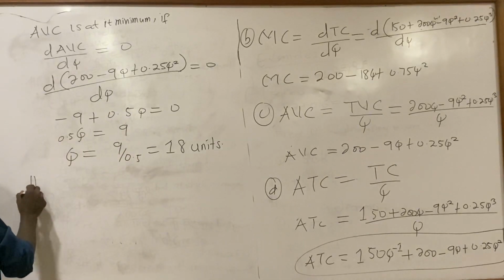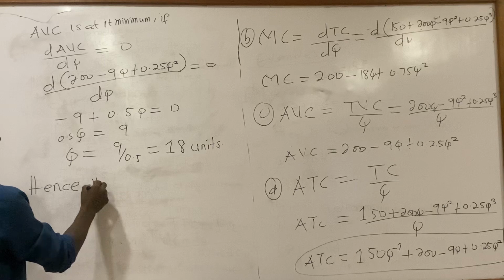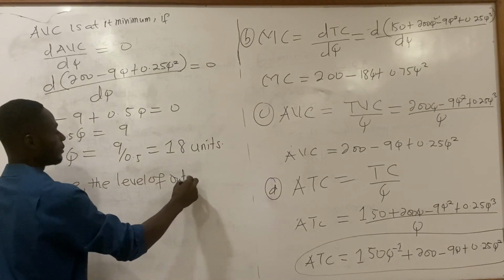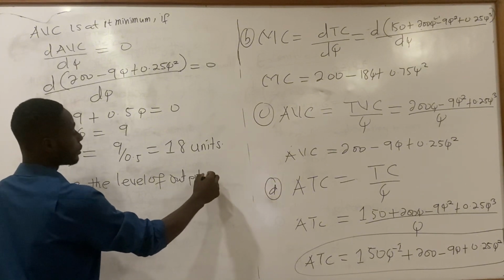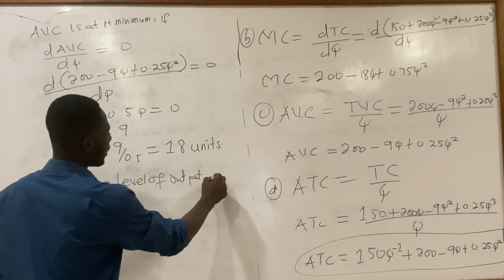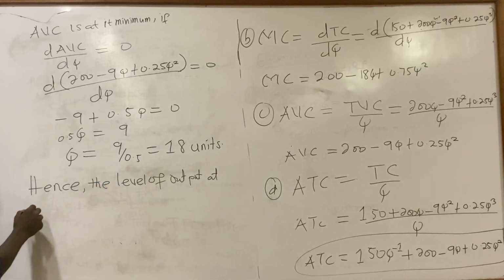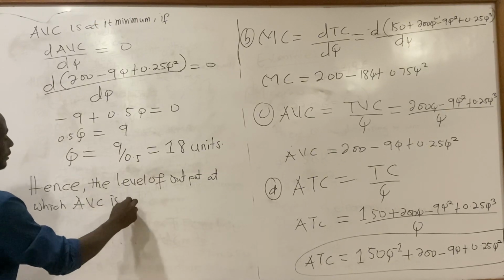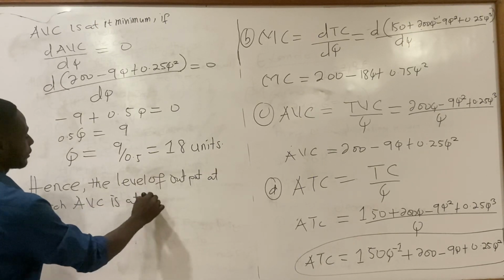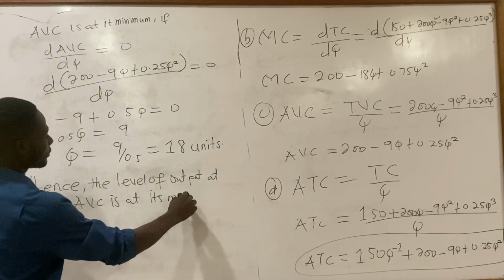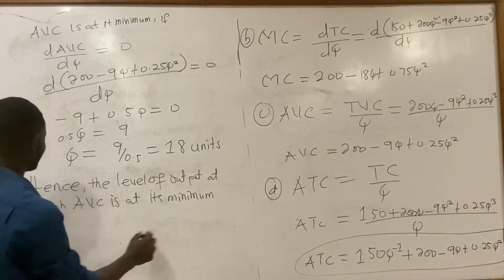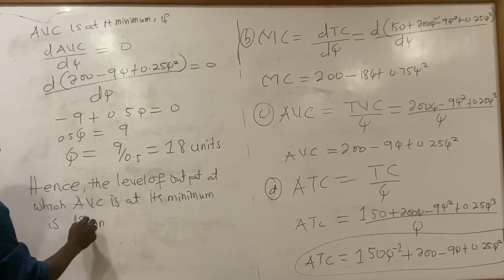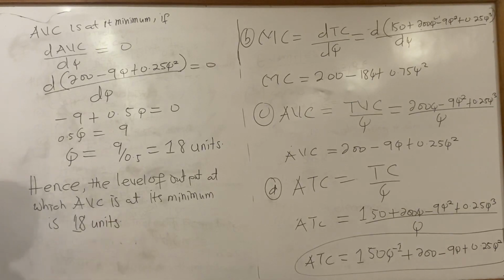So we conclude by saying, hence, the level of output at which AVC is at its minimum is 18 units.